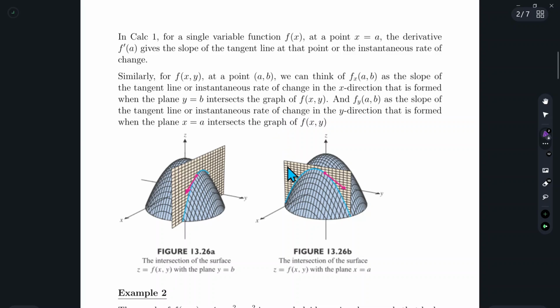Similarly, if we take a cross-section through the graph and through the specified point, but this time parallel to the y-axis, it cuts out a cross-section in the y direction, and the slope of this tangent line is given by the partial derivative with respect to y.